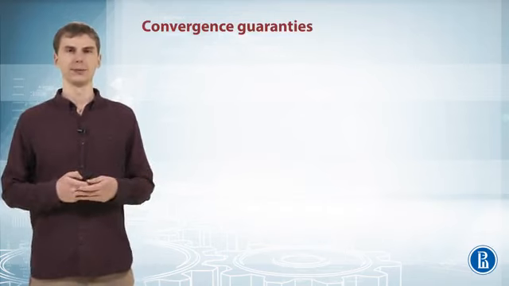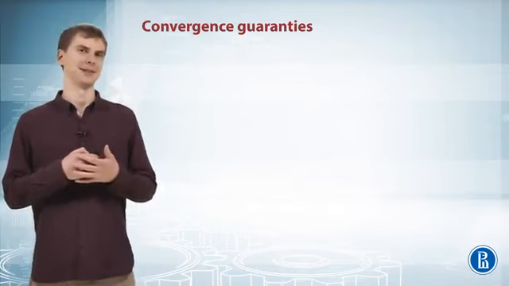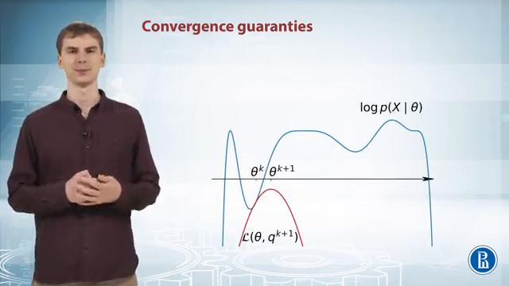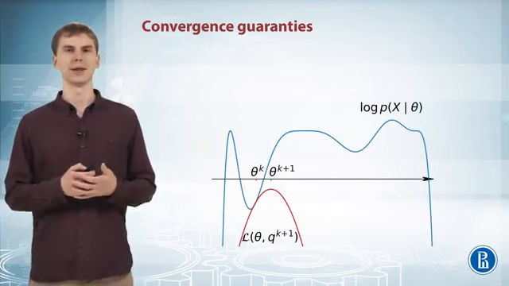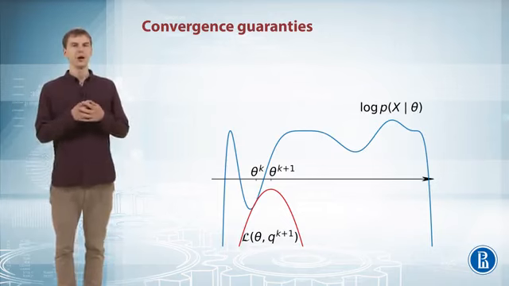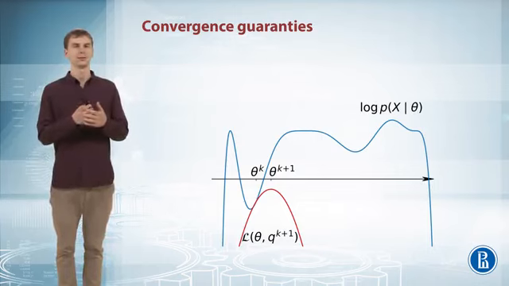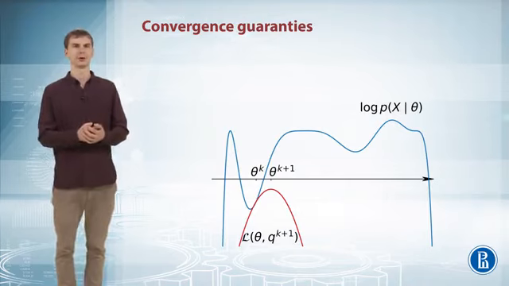It turns out that we can prove that it converges to a local maximum, or maybe at least to a critical point. So to see it, let's look at the following picture. On the previous iteration, theta k, we have chosen among all the family of lower bounds the best lower bound, which is accurate at the current point.